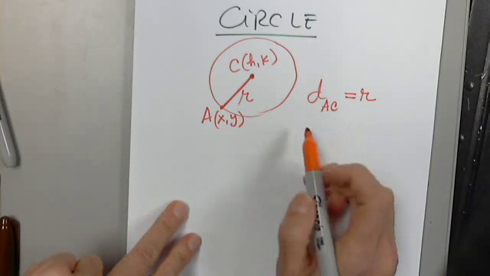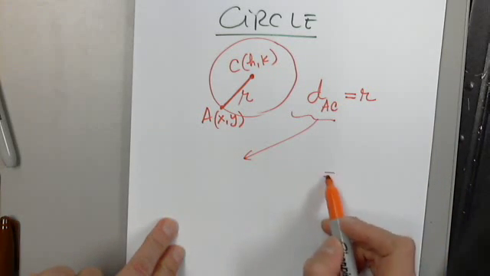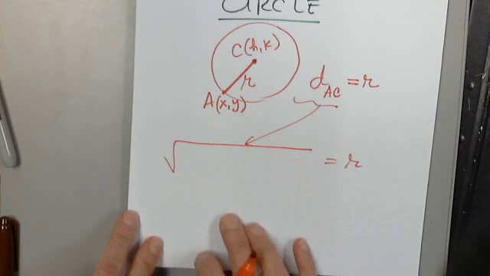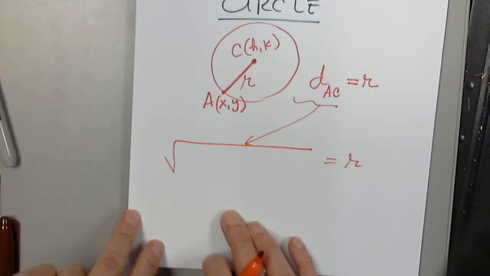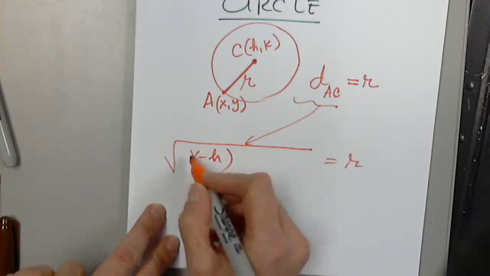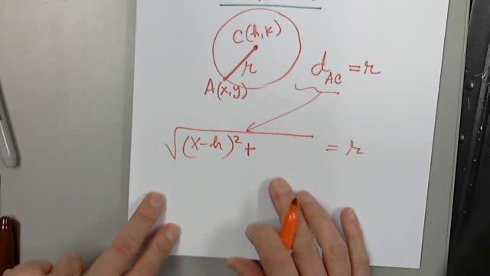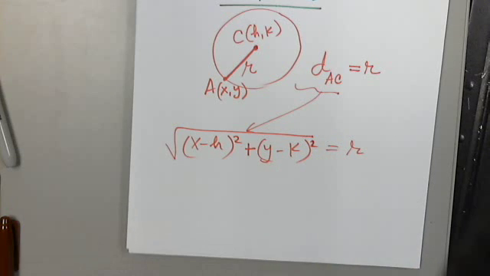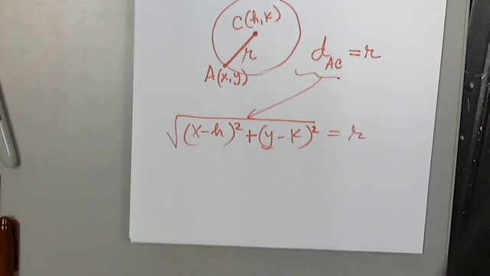Perfect. So now I want this side, and I want to apply the formula that is the distance formula. It's a square root of x minus h, everything squared, plus y minus k, everything squared. Perfect. We like this, but we'd rather prefer removing the square root.